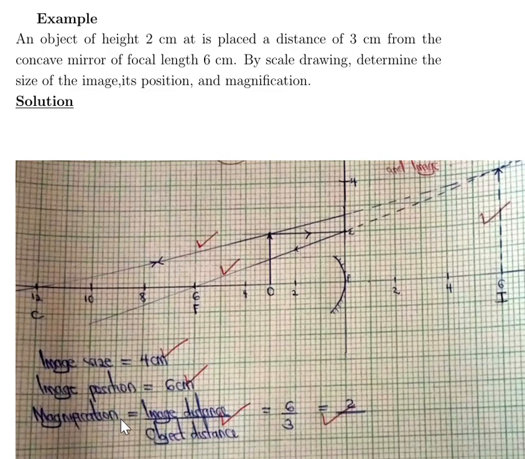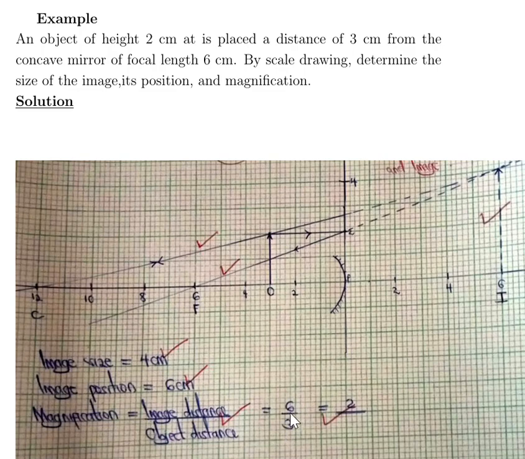The magnification is given by the image distance divided by the object distance. The image distance from the mirror is going to be 6, so it is the 6 that is here. And then the object distance, the distance between the object and the pole of the mirror, is 3 centimeters.